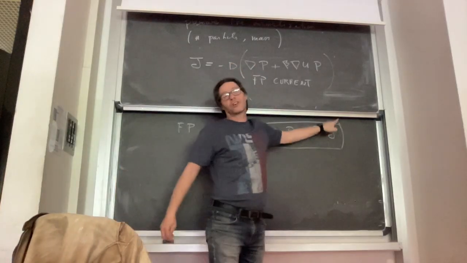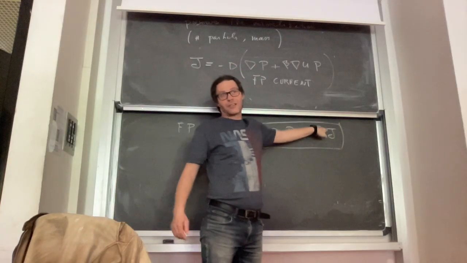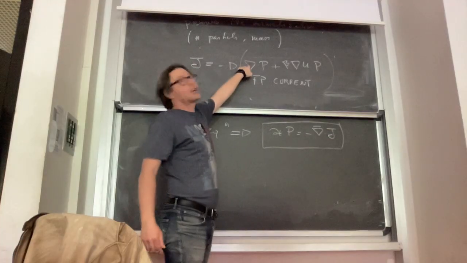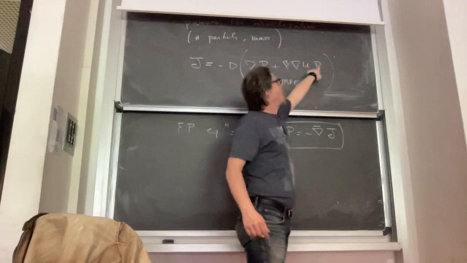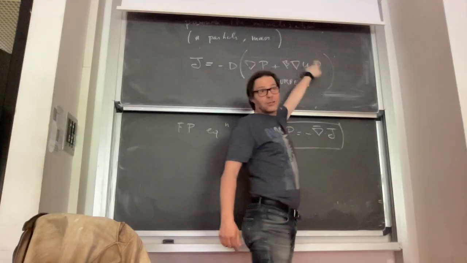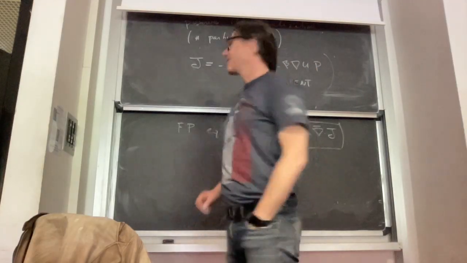Sorry, divergence of J, not negative. J is a vector, this is divergence. If you take a divergence, you get Laplacian, and then the divergence will act here, and you'll generate the other 2 terms of the Fokker-Planck equation.